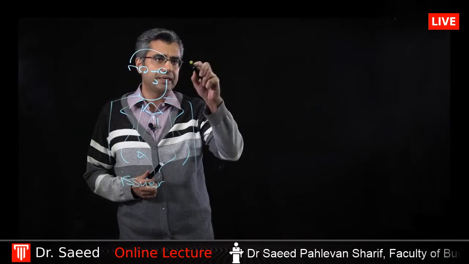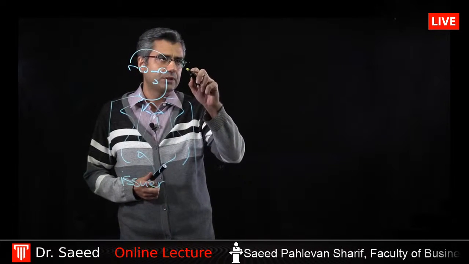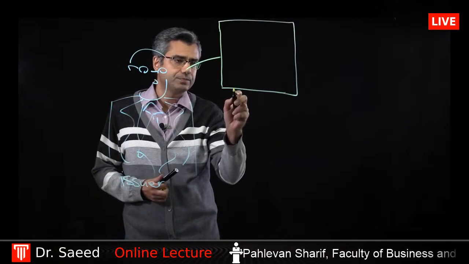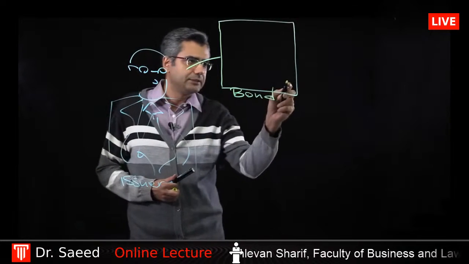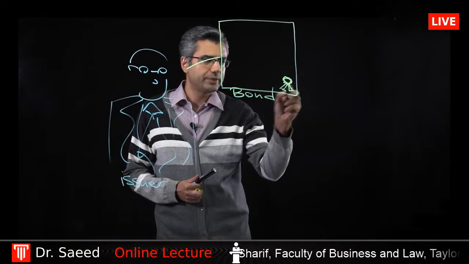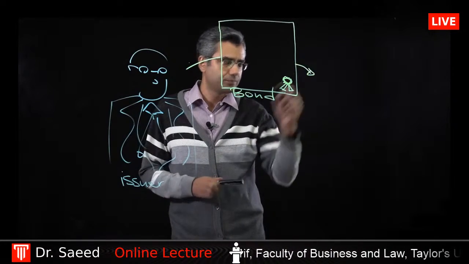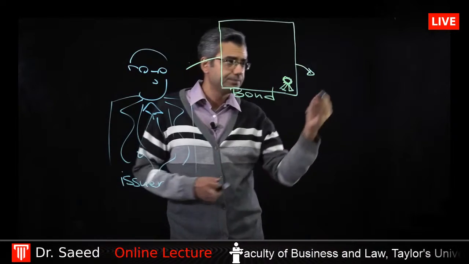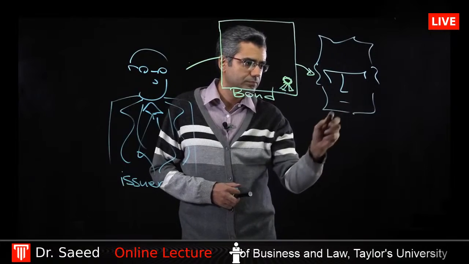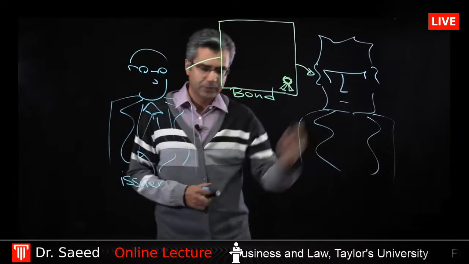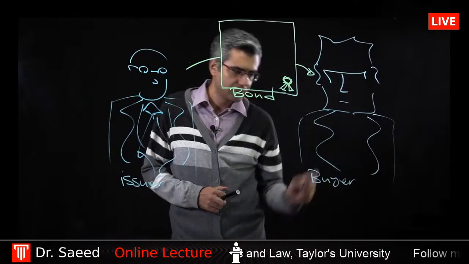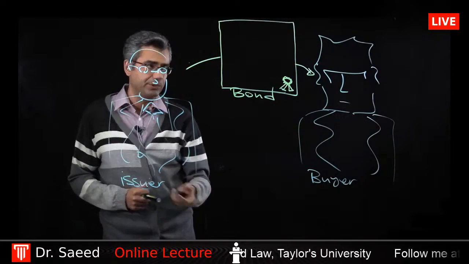They prepare this contract, and this is the bond. They sell this contract in the market to the investors. This is the buyer of the bond. Buyer of the bond, issuer or seller of the bond.